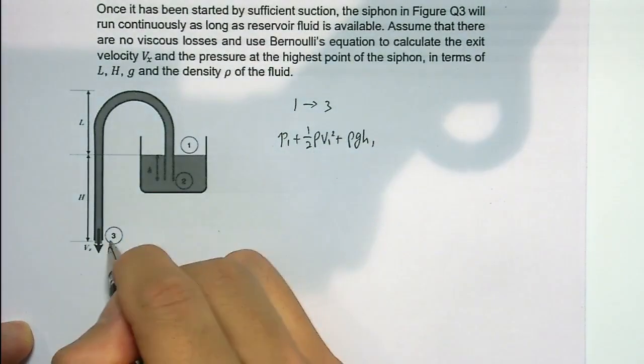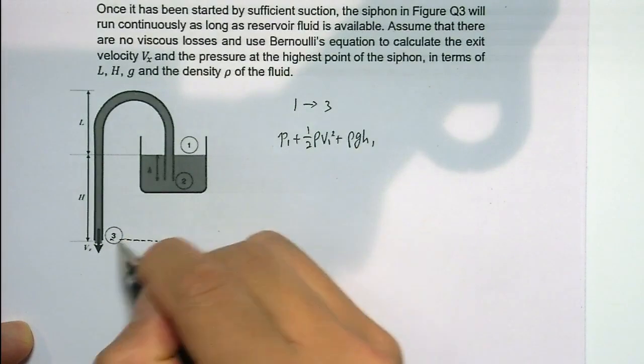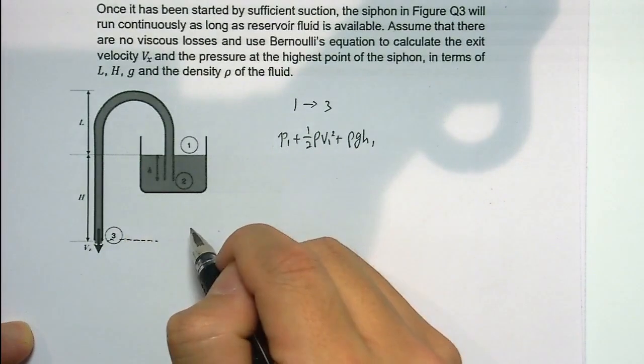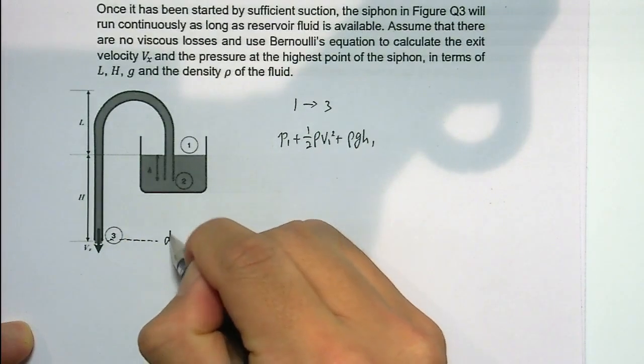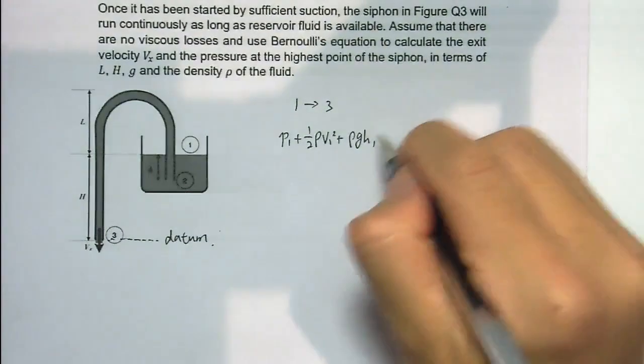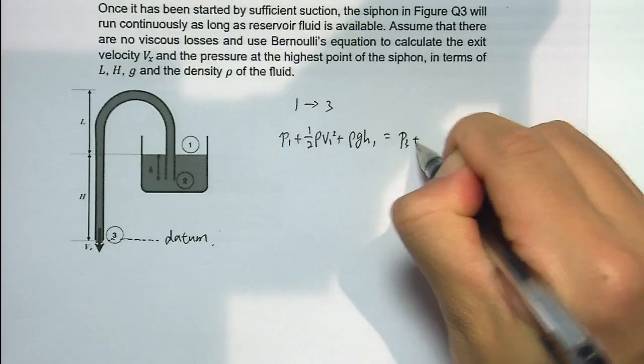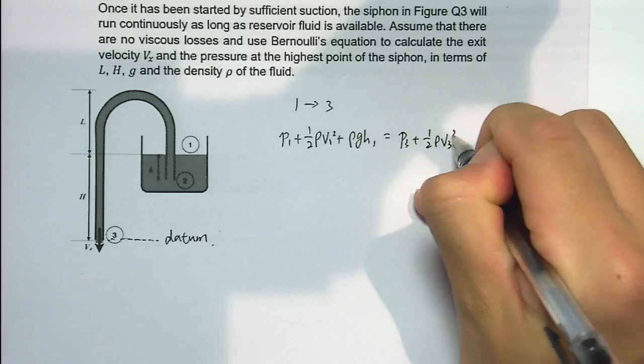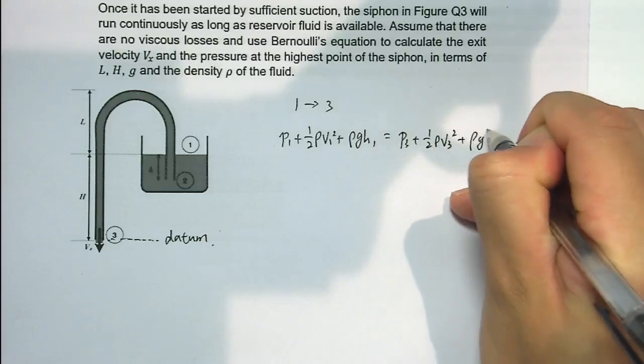So now we take the exit, the position 3, as the datum, which means that we take this place, the height is 0. So, which is equal to P3 plus half rho V3 squared plus rho g H3.